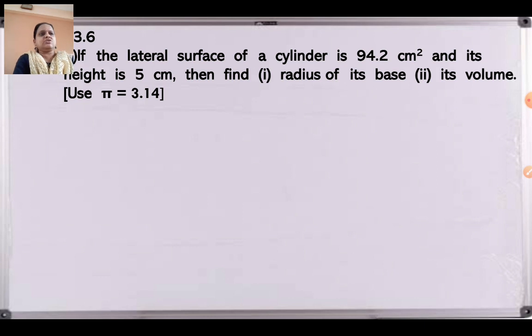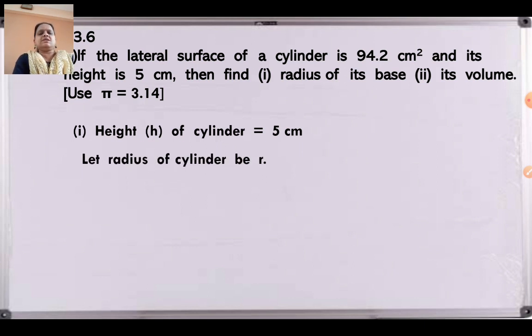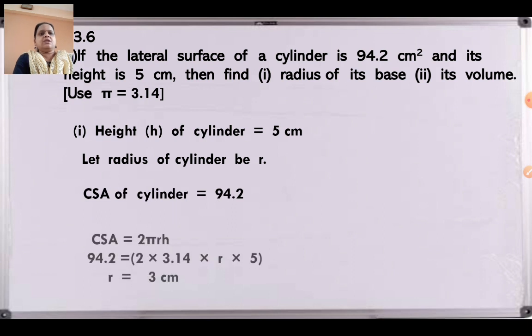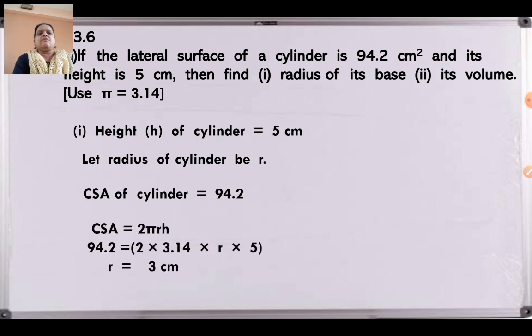So let us start with the solution. Now what is given? Height equal to 5 centimeter. Then we will consider the radius of a cylinder be r. Then curved surface area of a cylinder equal to 94.2 centimeter square, which is already given. Let us see here how to find the radius.